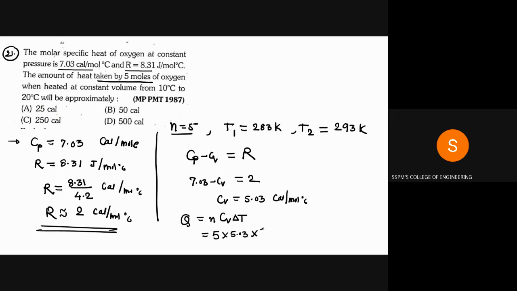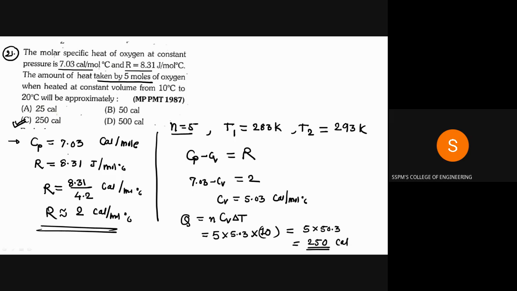So delta T is 10. So if you find out this product, so this is 5 into 50.3. So this is approximately 250 calorie. Okay, so correct option is option C.